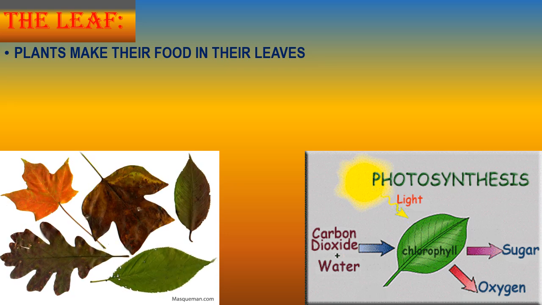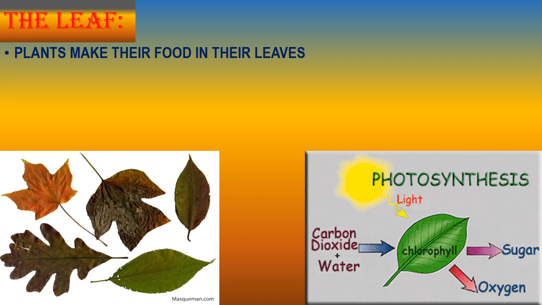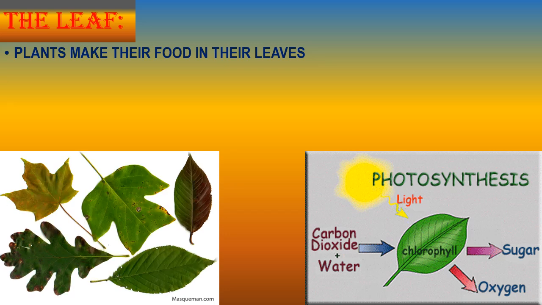I am going to discuss this process of photosynthesis in detail afterwards. But for now, just remember the process in which plants prepare their food is known as photosynthesis, and plants make their food in their leaves.